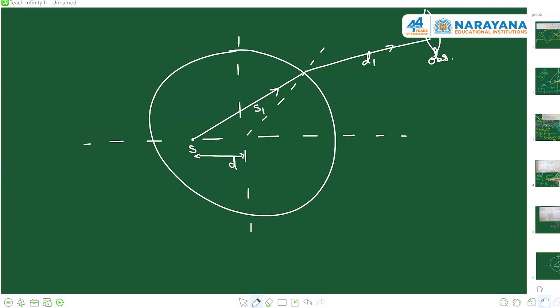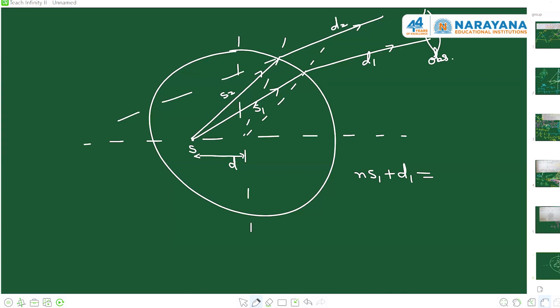So the optical path length here is nS1 plus D1. That will be equal to, if I take the second ray within the medium, and it travels a distance of S2, comes out at some angle and travels some D2, and let me extend it like this. For them to form a single image, nS1 plus D1 should be equal to nS2 plus D2. That is my equation number 1.